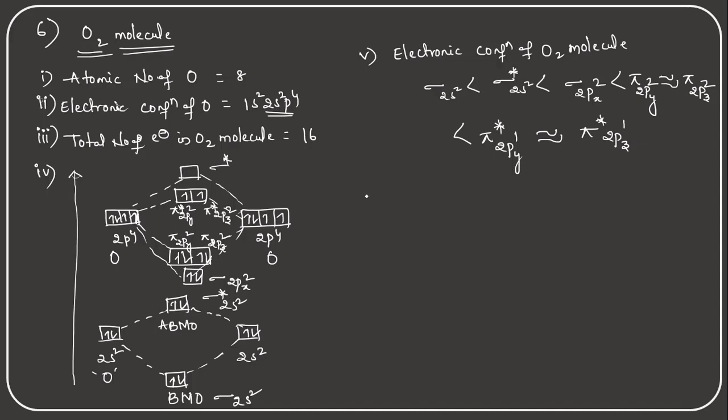So this is the electronic configuration of the oxygen molecule.